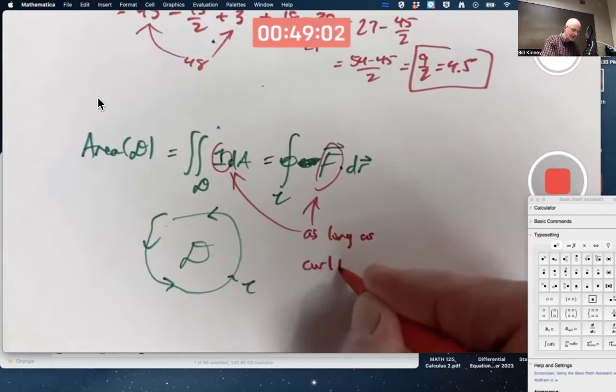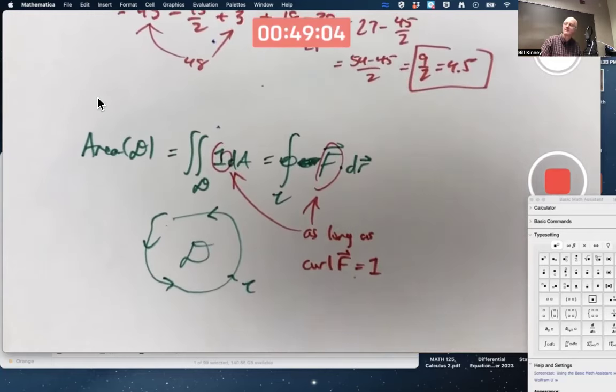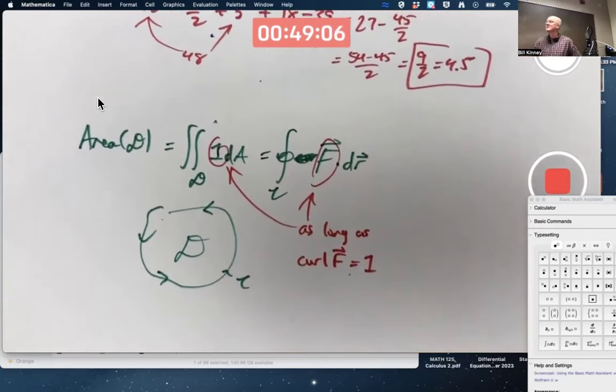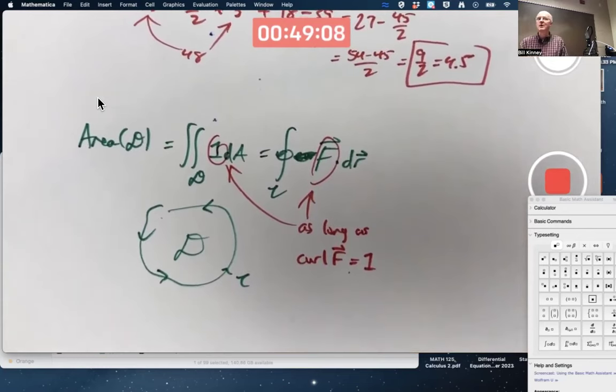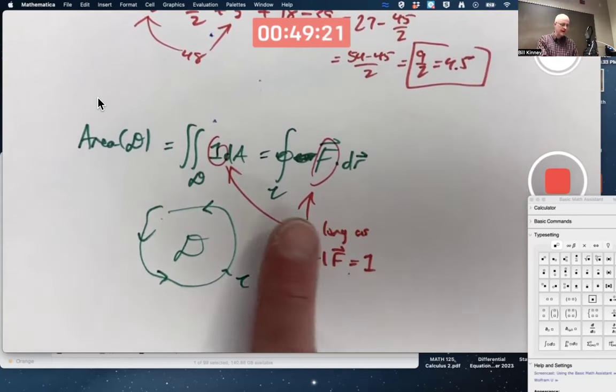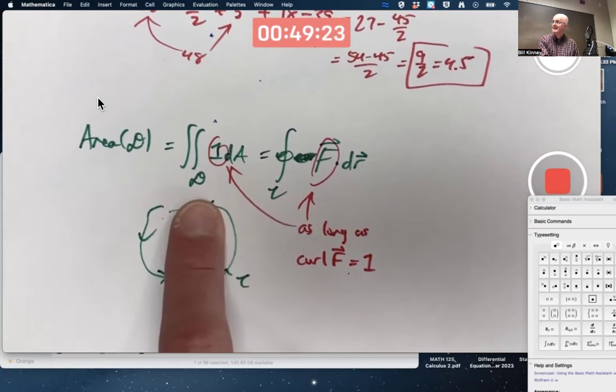The curl of the vector field is always 1. So as long as you choose a vector field whose curl is 1, you can compute the area of a region as a line integral. That is sometimes useful. It might be easier to compute the line integral than to compute the double integral. That does sometimes happen.